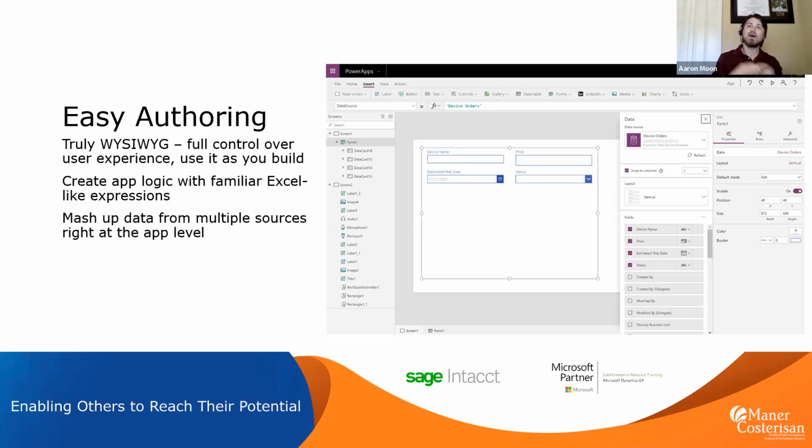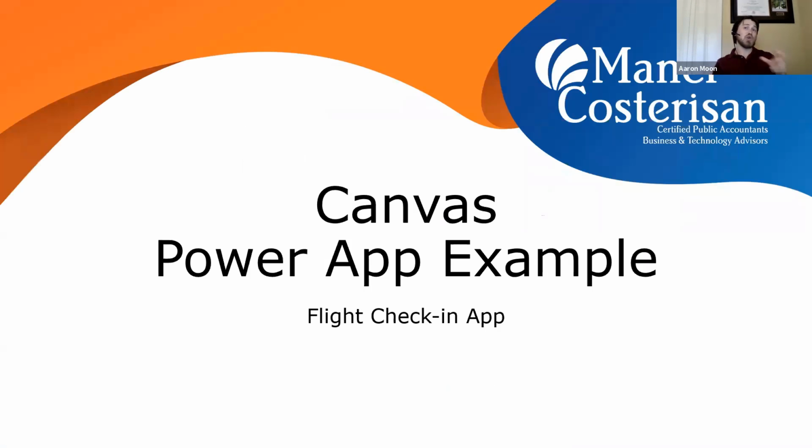That's the one piece where this can start feeling like coding or developing, when those expressions get a little complex. But again, pulling data in from different places is really where this type of application shines. I've got a quick example of what a Canvas Power App might look like.